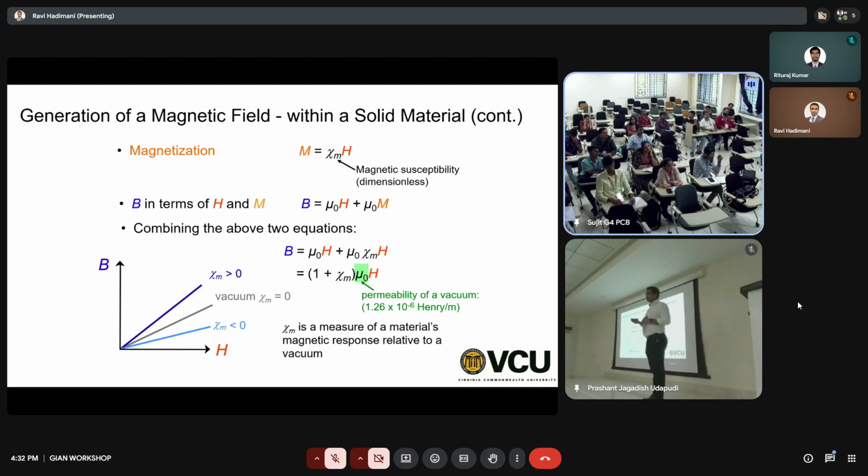Because every material has electrons. Electrons have charge, right? So when they spin, they're in motion. Electrons don't just stay stagnant. They have two motions. One, they have orbital motion going around the nucleus, and electrons have spins.